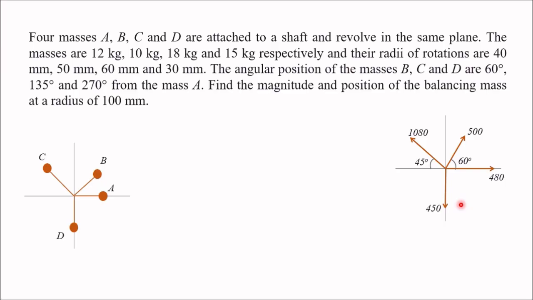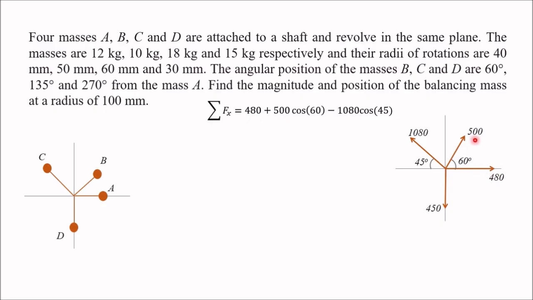For that we have to resolve all the forces along the x direction and y direction. First we will resolve along the x direction. The summation of Fx: I am determining the x component of all the forces and adding them. The x component of 480 is along the positive x direction, so it is 480.